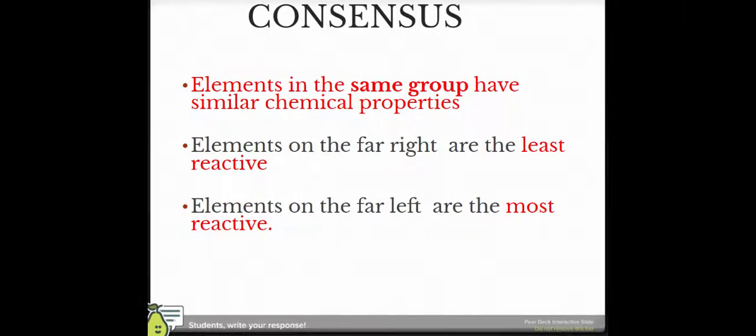So, our general consensus is that elements in the same group have similar chemical properties. Elements on the far right, our noble gases, are the least reactive, and elements on the far left, our alkali metals, are the most reactive.